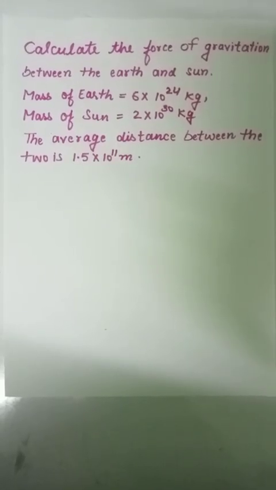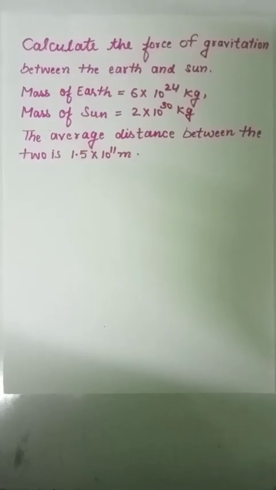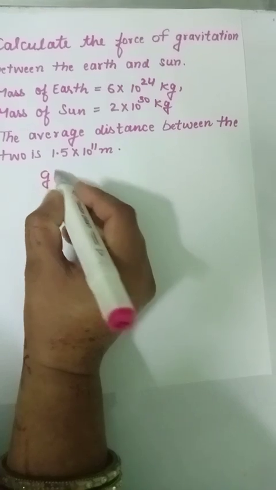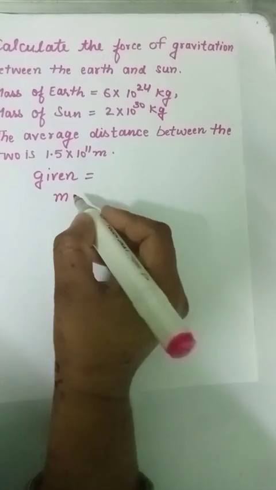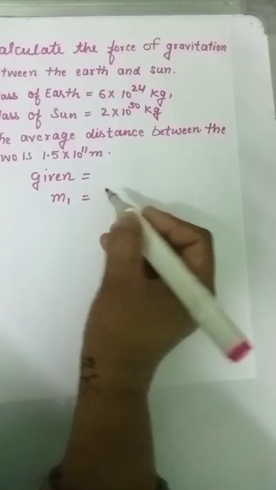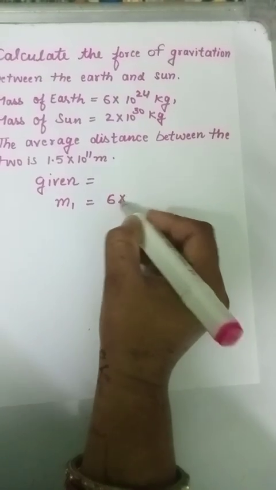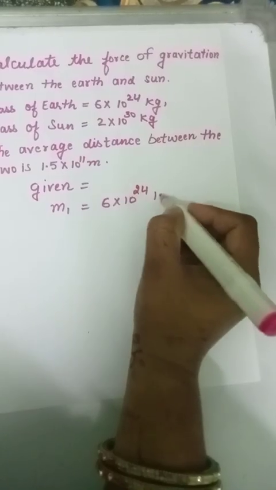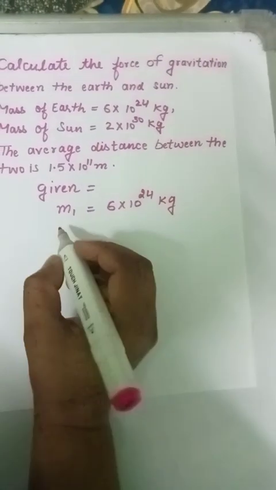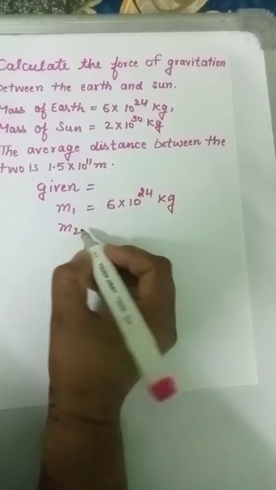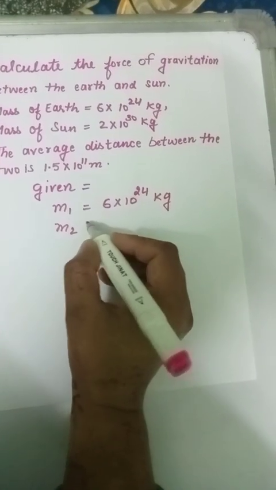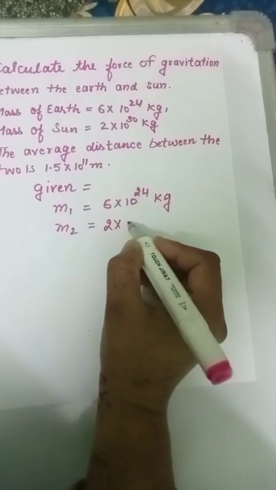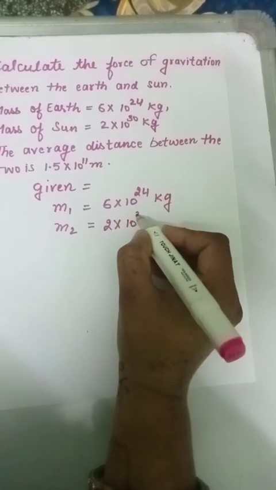So first of all I need to write the given of the question. So this m1 is the mass of the earth, that is 6 into 10 raised to power 24 kilogram. Mass 2, that is the mass of the sun, is equal to 2 into 10 raised to power 30 kilogram.